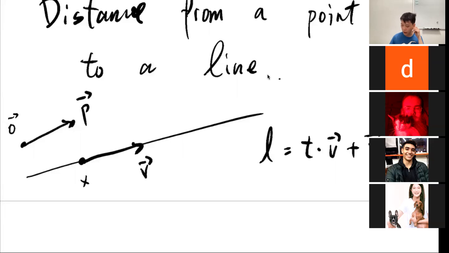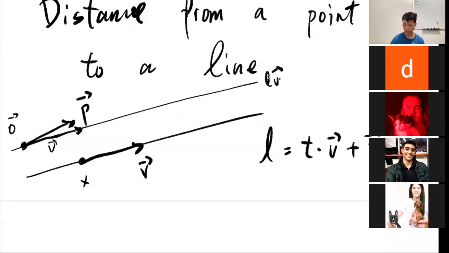If we translate this vector v, we can have a vector v starting from the origin. This is the line formed only by vector v, the red line from yesterday's notes. This is the span of vector v. So these two lines are parallel, sorry.